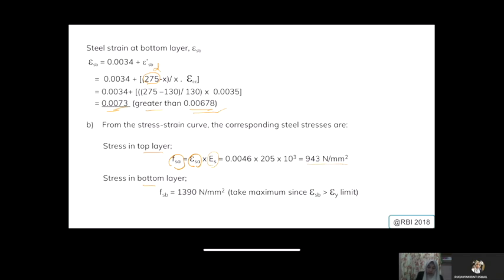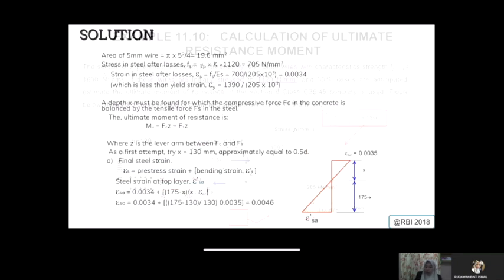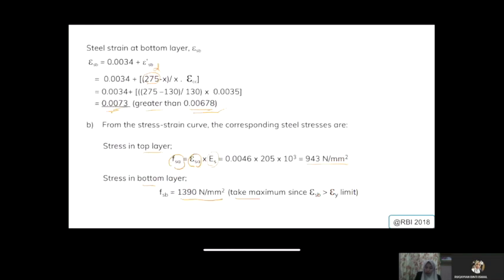For the bottom layer it is a little bit different, since your strain is greater than the maximum capacity of your tendon strain, 0.00678, so you will consider this stress, 1390 Newton per meter square. 1390 means the maximum stress that can be captured by the tendon, because this is the ultimate value that we want to consider for your tendon in our design.